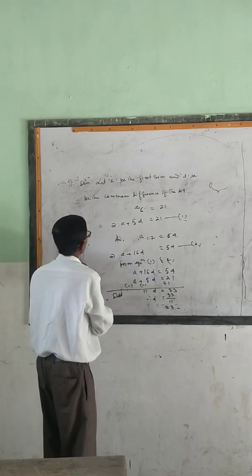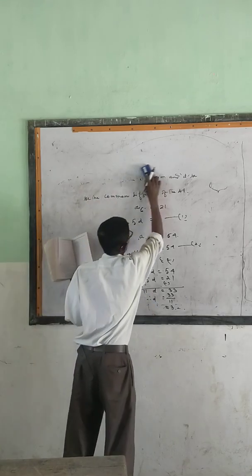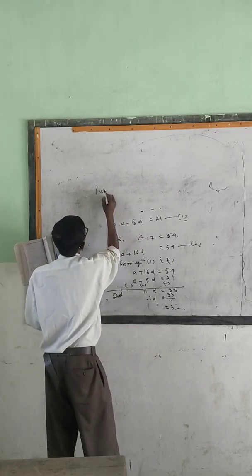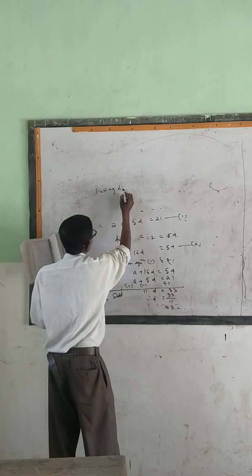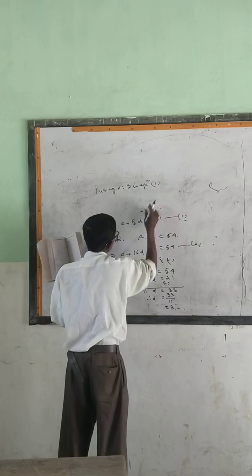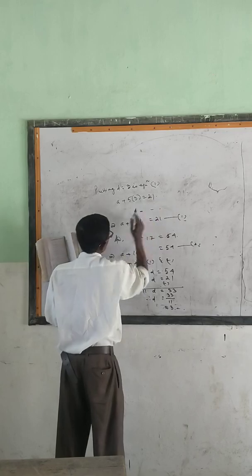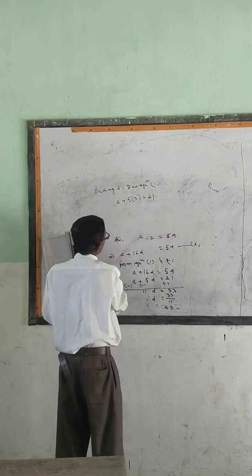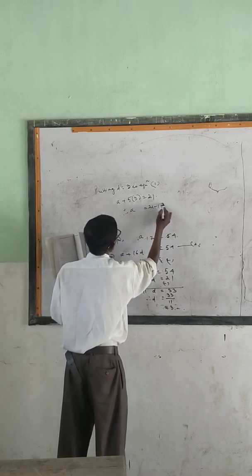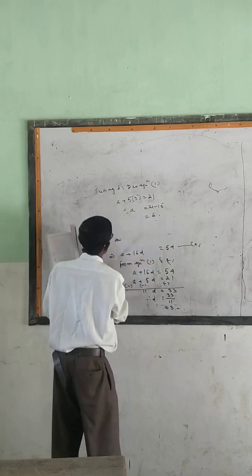Likewise, as in question number 10, we have to put the value of D in equation number 1. So putting D equals 3 in equation 1, you remember this equation number 1, A plus 5D, that is 3 times 5, equals 21. To find out A, therefore A equals 21 minus 15 equals 6. The question asks to find the 40th term.